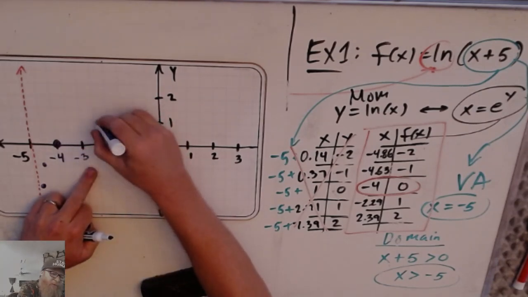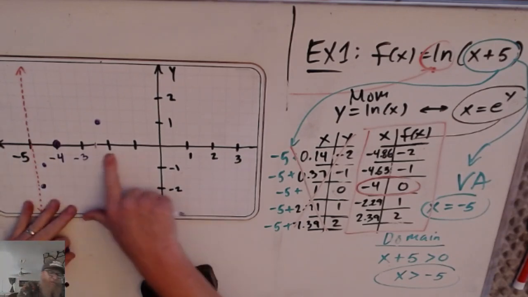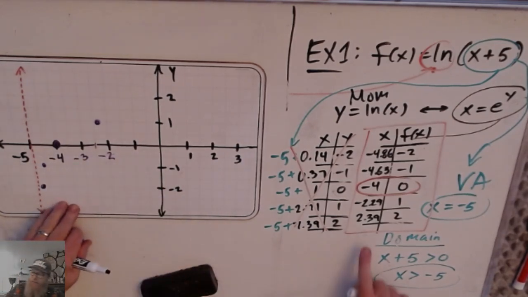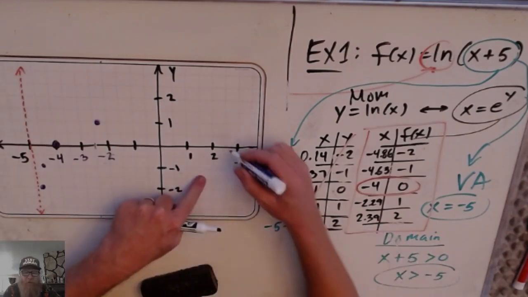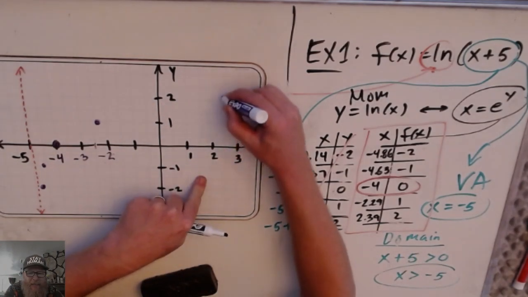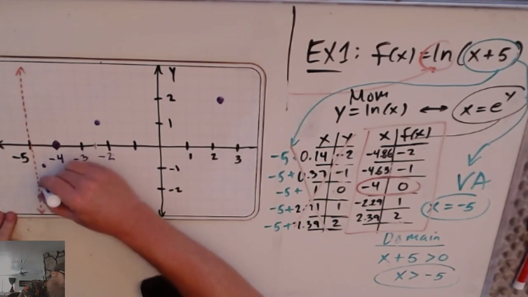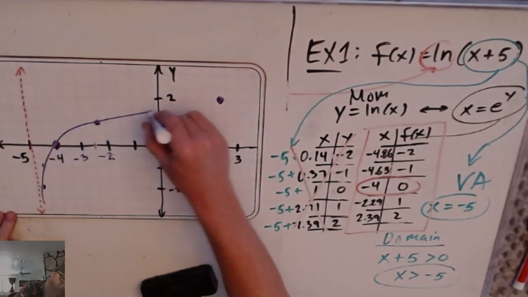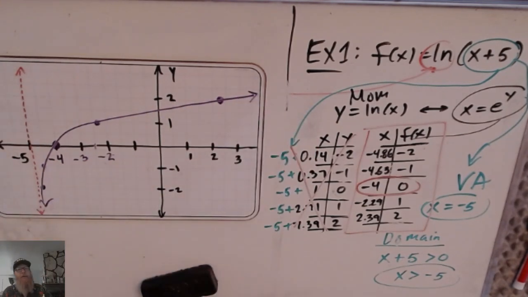All right. So not quite to negative 2.5. And then this one's way over here at positive 2.39 and 2. So right about there. And there you go.